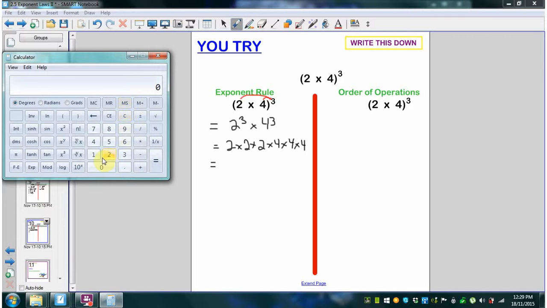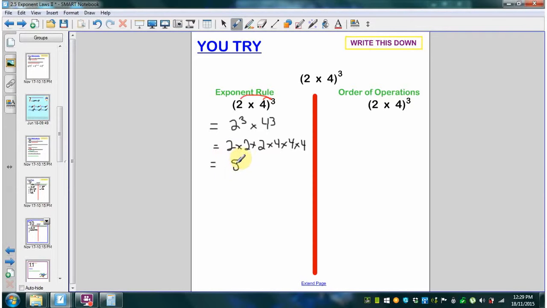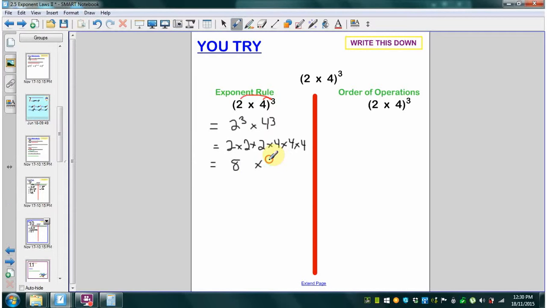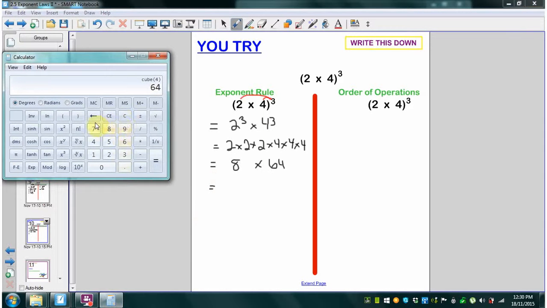If not, don't be afraid to get a calculator. 2 to the power of 3. There's actually a button here to give you that. 2 cubed. So that's going to be 8 times 4 cubed. It's going to be 4 cubed, 64. 8 times 64 is 512.